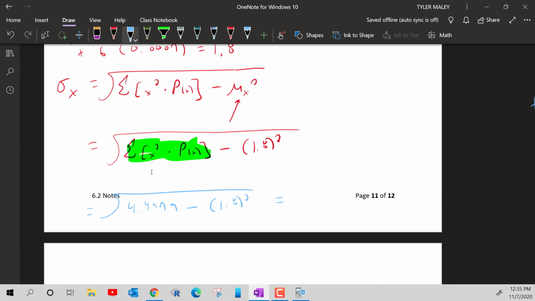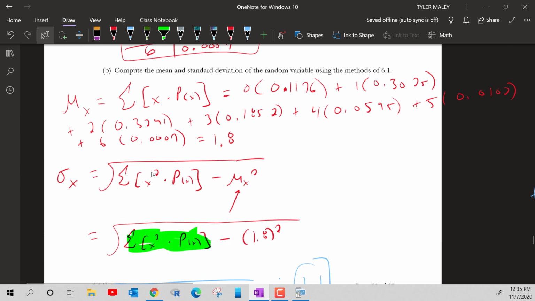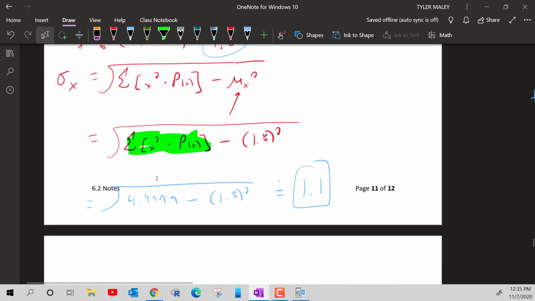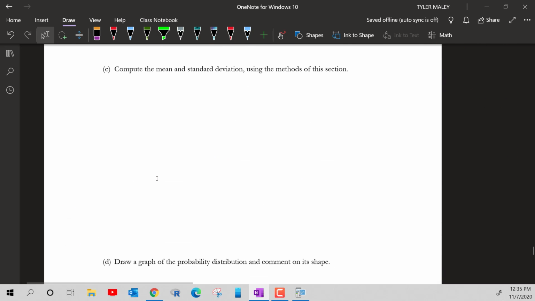This comes out to be approximately, if I round to 1 decimal place, 1.1. So the standard deviation is 1.1, the mean is 1.8. That was using the methods from section 6.1, just for some more practice.